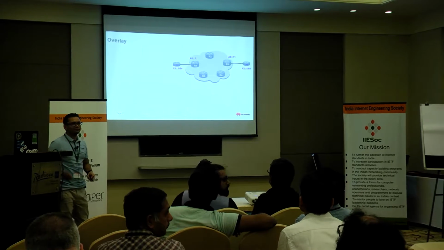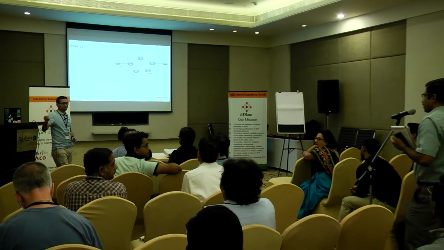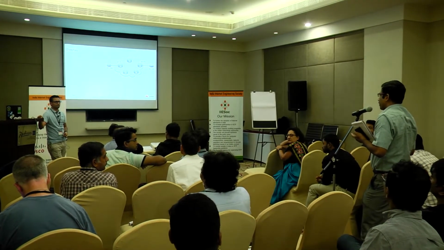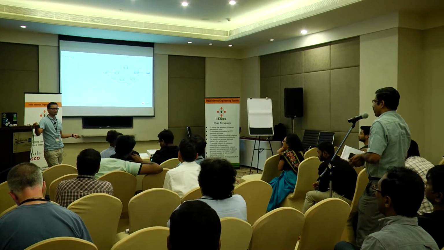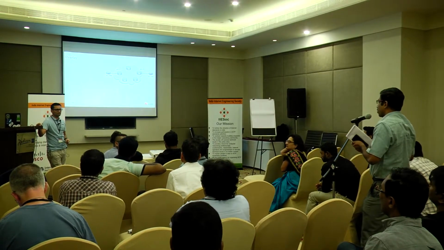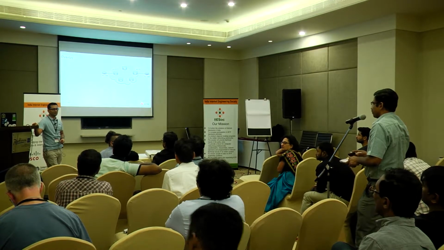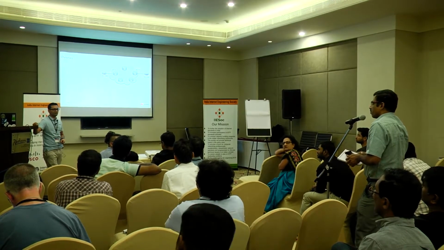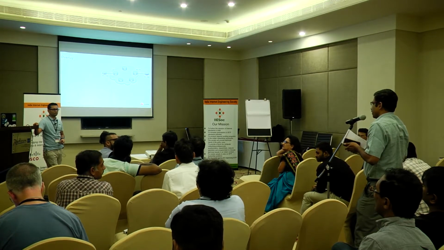Two questions. How do you deal with tunnels and per-packet load balancing? Do we have such use cases? We have ECMP, so it will just go based on ECMP, like normal IPv6. But the path is already computed.